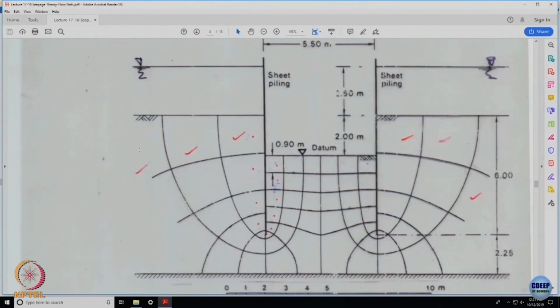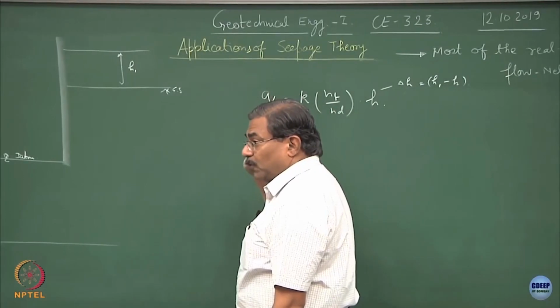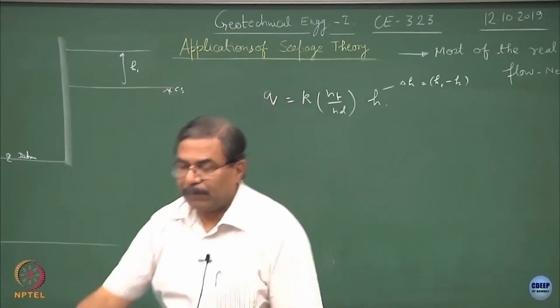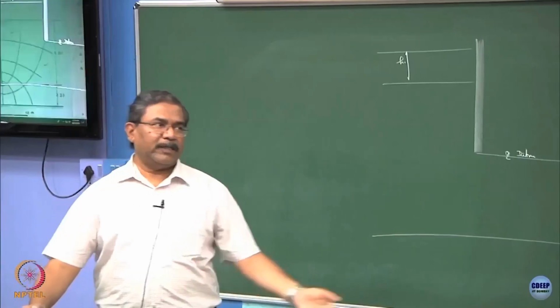So, how many flow channels are there? NF we have got, ND we have got, H we know. If K is known, I know the value of Q. And remember, this Q is the discharge which is taking place through the space between the sheet pile and the formation. This is the value of Q per unit width of the cross section perpendicular to the plane. Please take 1 or 2 minutes to understand, and in case you have doubts, we will discuss again.